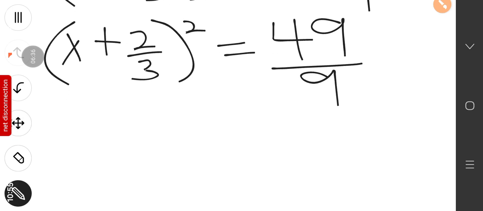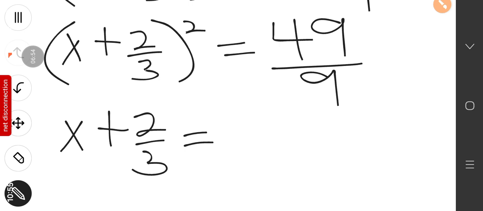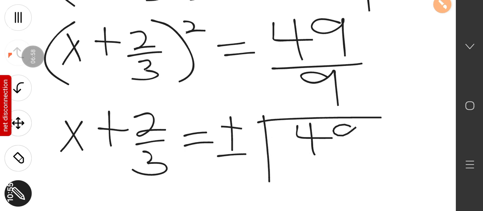Now we have (x + 2/3)². You can see this is a quadratic equation, so we are going to move the square to the other side, and our equation becomes x + 2/3 equals plus or minus the square root of 49/9.